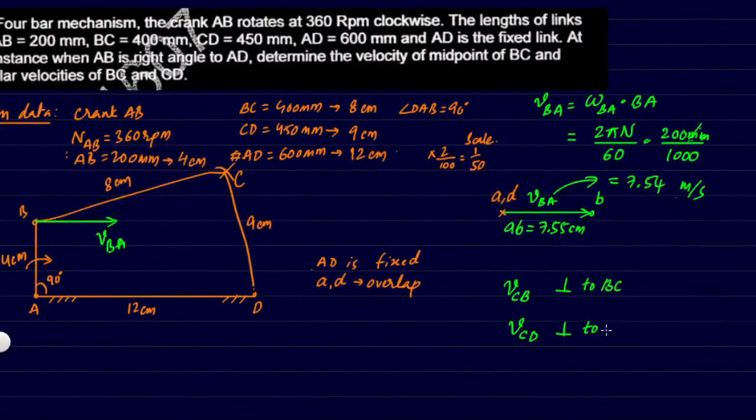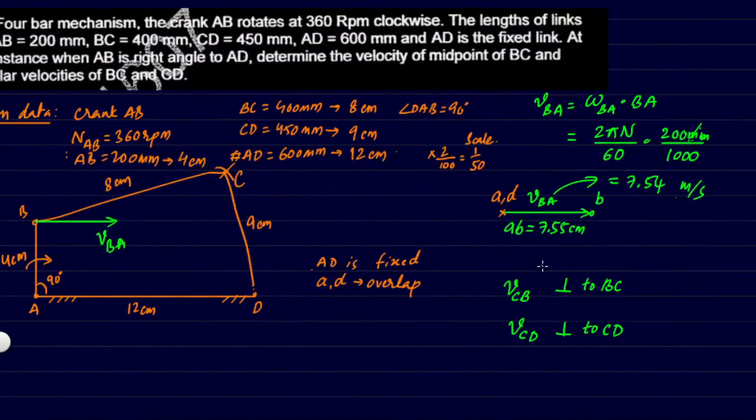And then we will also draw the velocity of C with respect to D. Oh, one minute. Let's see. Velocity of C with respect to B will be perpendicular to BC. That's correct. And velocity of C with respect to D, we'll draw perpendicular to CD. These directions we should be able to get from the position diagrams and draw them. Once we have drawn them, we can measure the length in centimeters, and whatever we measure in centimeters will be in meters per second, which will give us the actual velocity.